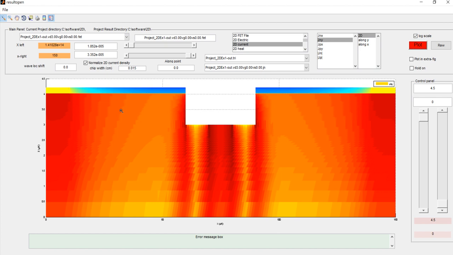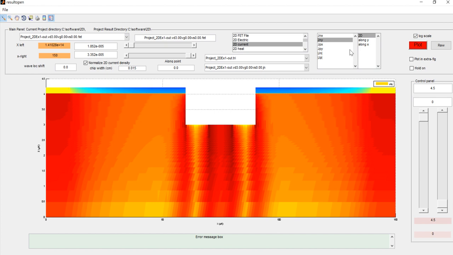You see here that it's looking like this. If you check the sign, you'll find that this is an absolute value, because in log scale you cannot plot negative values. So if you check the value, you'll see there is a sign here and another sign. For example, if this is negative, then this is positive.